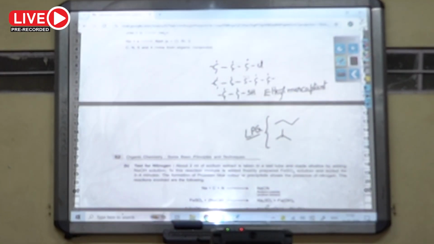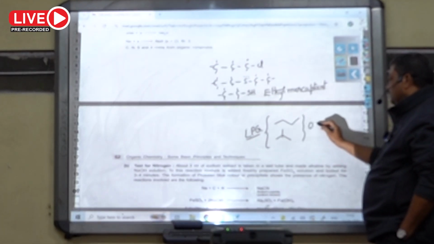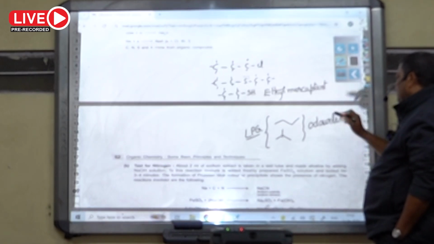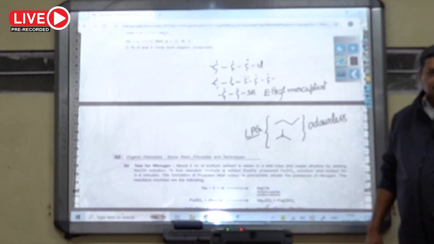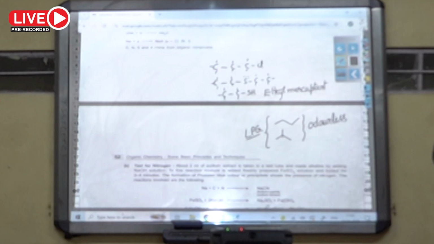Both butane and isobutane are odorless. They don't have any smell. If we use LPG without any odor and a gas leakage occurs, we can't notice any smell because both are odorless gases.